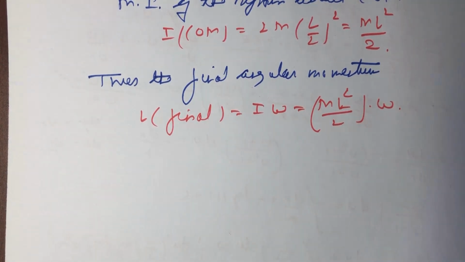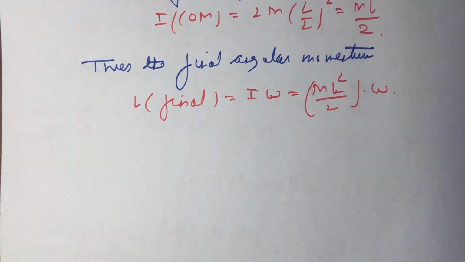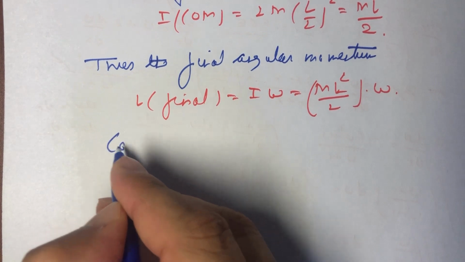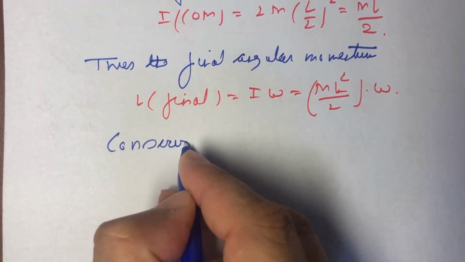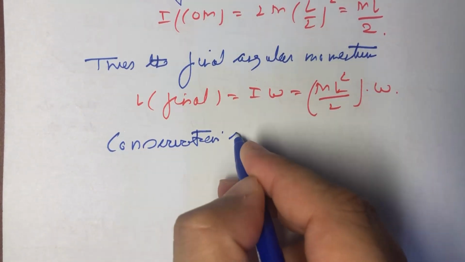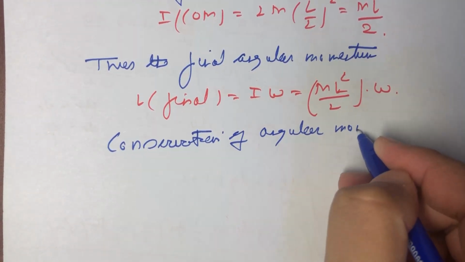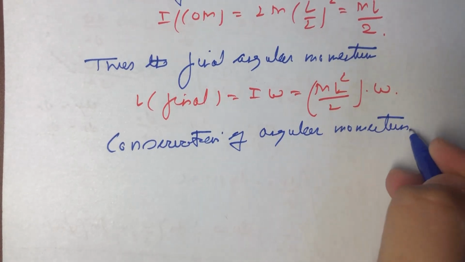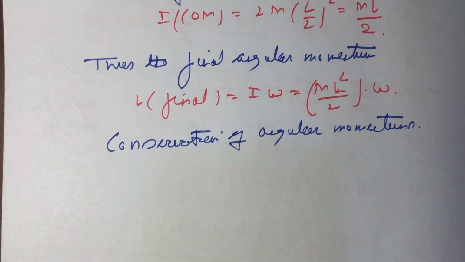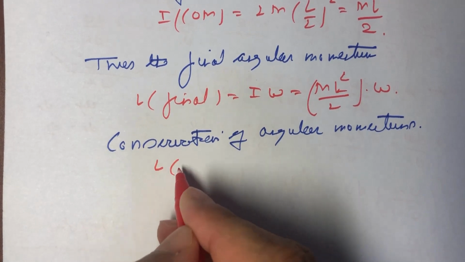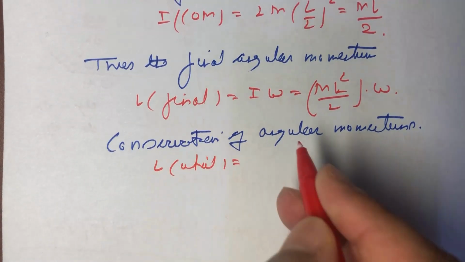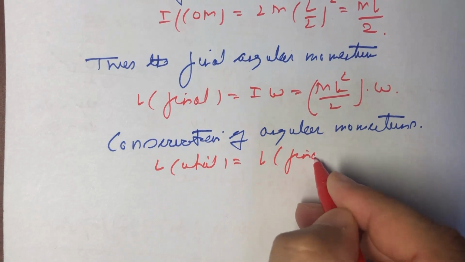Now, using the conservation of angular momentum, initial angular momentum will be equal to final angular momentum. L initial will be equal to L final.